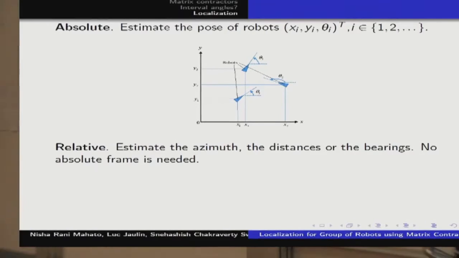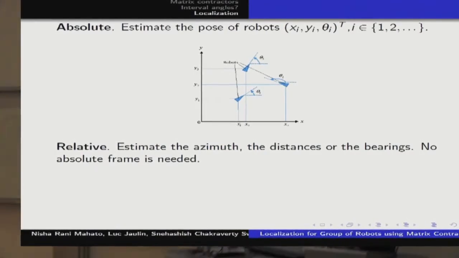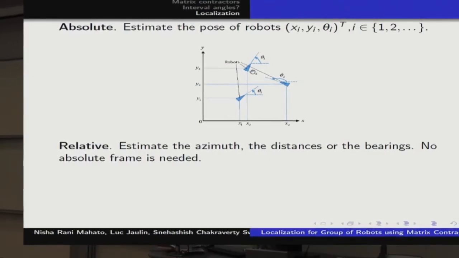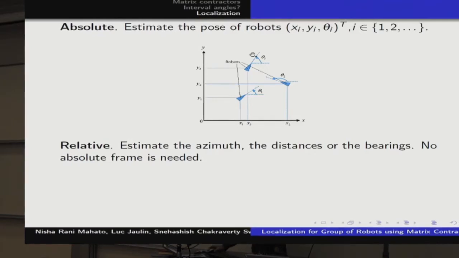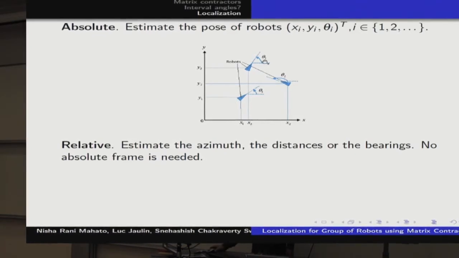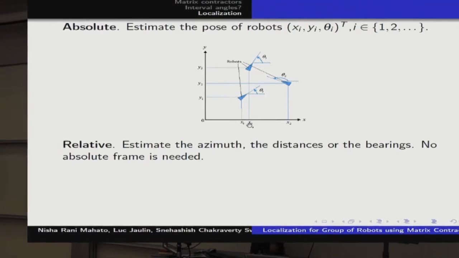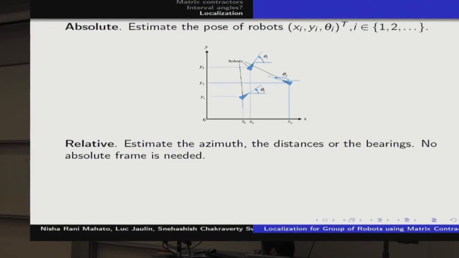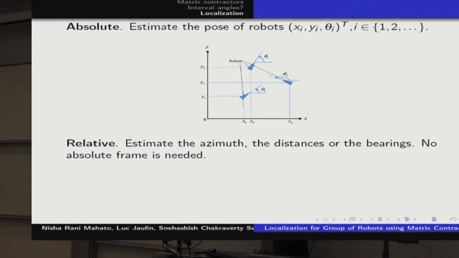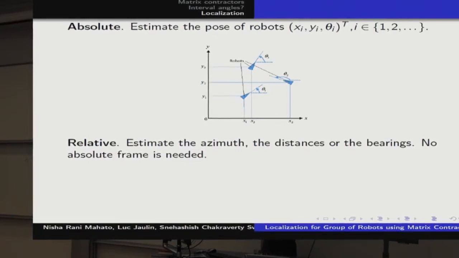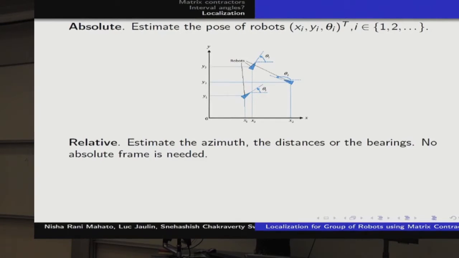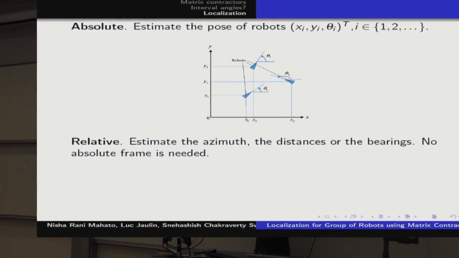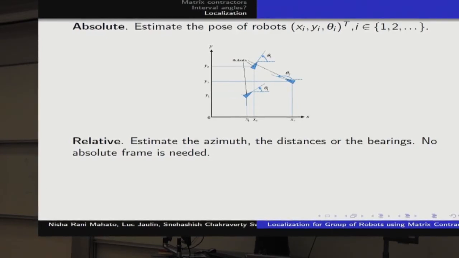Okay. So the problem we are interested in is a localization problem. We have several robots, and the localization problem is to compute from measurements, angle measurements, and so on, x1, x2, the coordinates of the robot. But this is what we call absolute localization. In many applications, like the one we have underwater, several robots can see their neighbors, but there is no possibility of absolute localization: no GPS system, no landmarks, and so on.